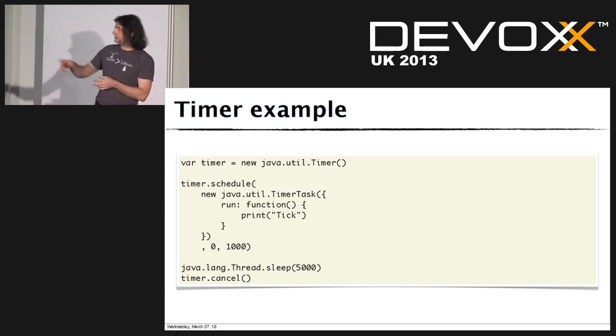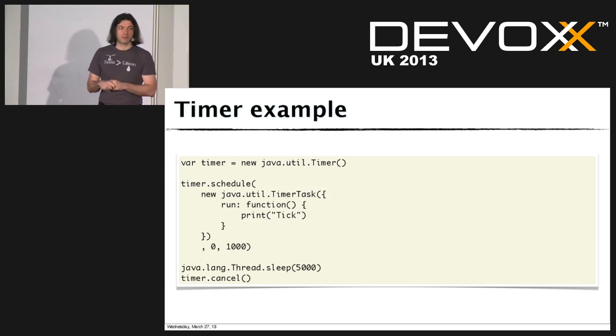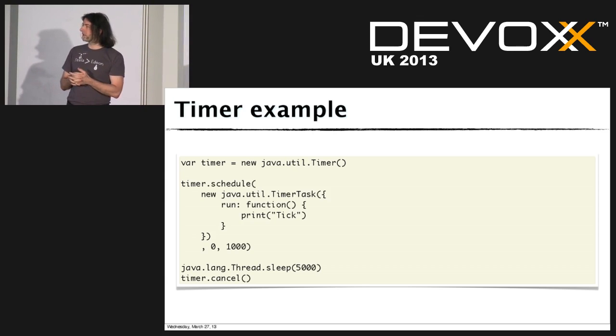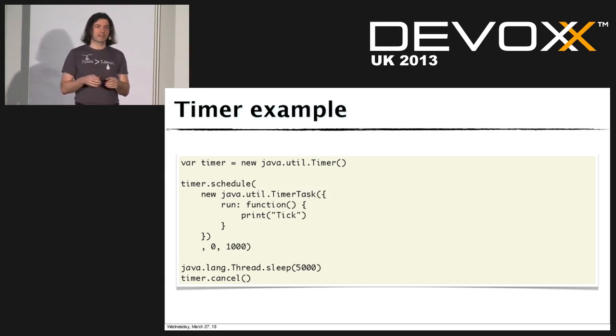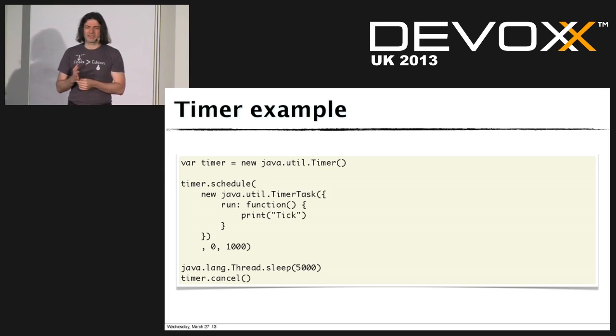On the other hand, what we do here is we pass an object literal to it. So what this does is extending the class. As a matter of fact, this could be rewritten with the Java syntax, where you just say Java util TimerTask braces, and then you put the curly brace on the outside, just as you do anonymous inner classes in Java. That is actually a syntactic extension that we support, but I personally don't like it so much.